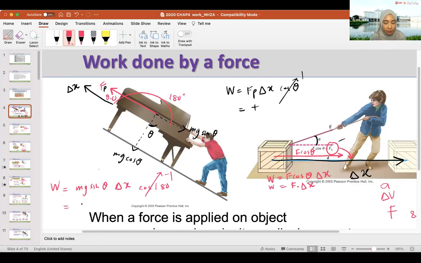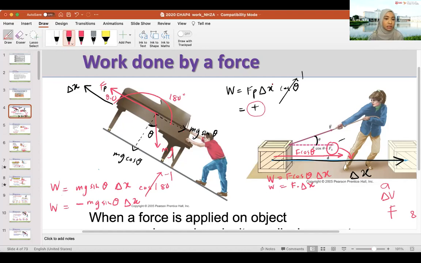So my answer is minus mg sine theta delta x. So work done is negative by the gravitational force on the object. Work done by the pushing force is positive on the object.